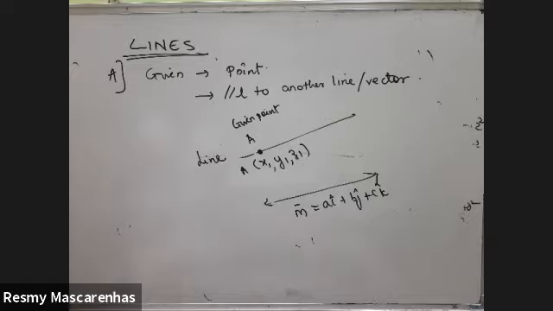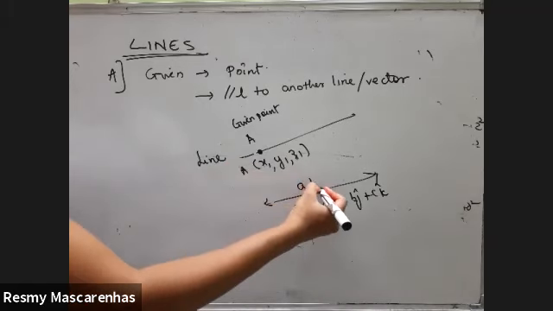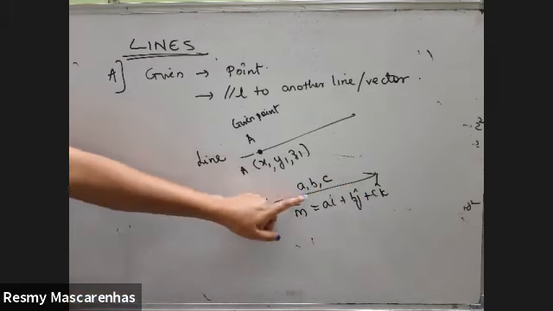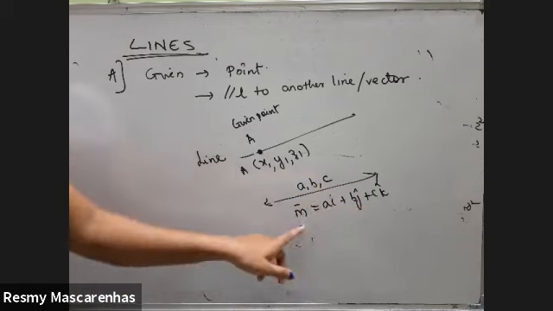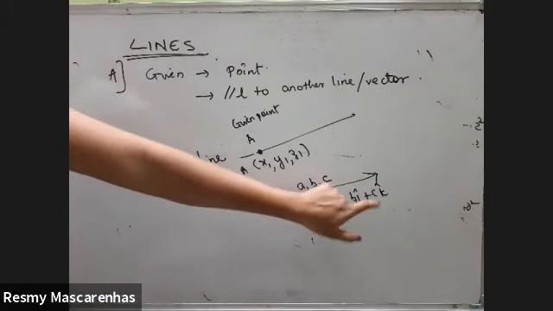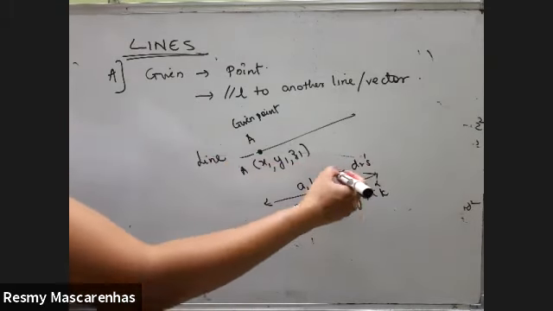Can you repeat? A comma B comma C. Okay, direction ratios of this particular line. Whenever it's given in the vector form, the direction ratios will always be at the side of i, j and k. So these are your direction ratios of this particular line.